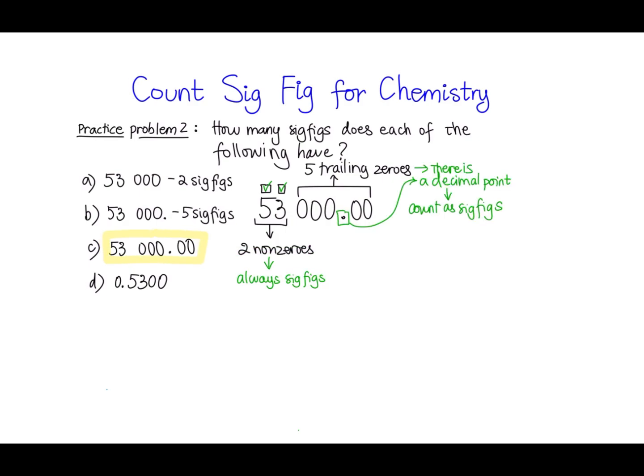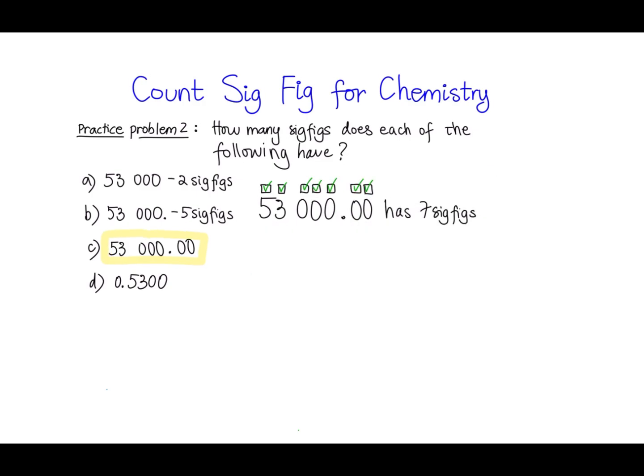And for the 5 trailing zeros, because there is a decimal point right here, all of these 5 zeros count as sigfigs. It doesn't matter if the trailing zeros appear before or after the decimal point. As long as there's a decimal point, all trailing zeros are considered sigfigs. So in total, 53,000.00 has 7 significant figures.